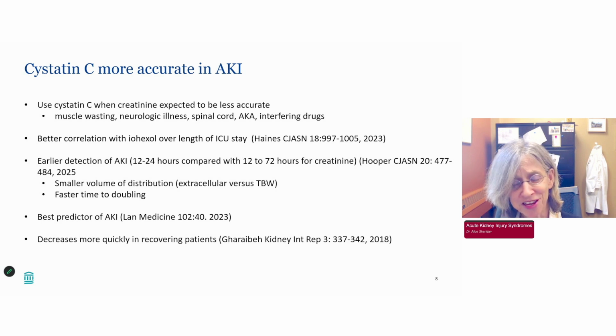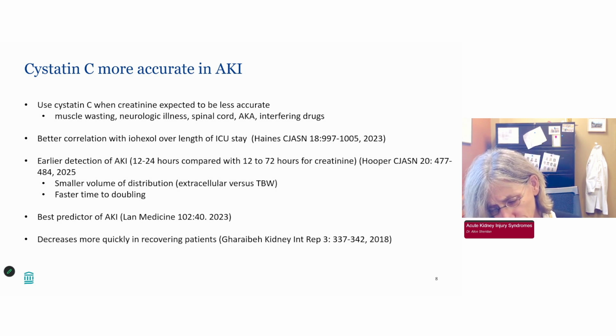As the ICU stay progressed, the eGFRs diverged. And eGFR by creatinine became wildly inaccurate and rather grossly overestimated the iohexol clearance.